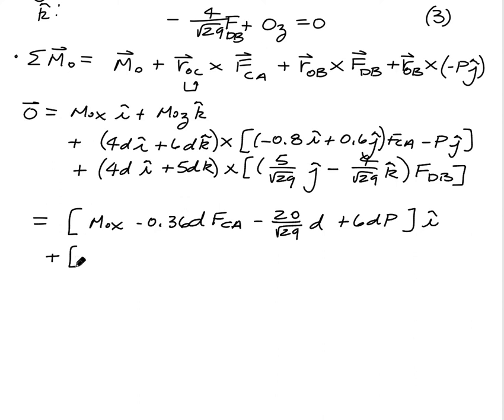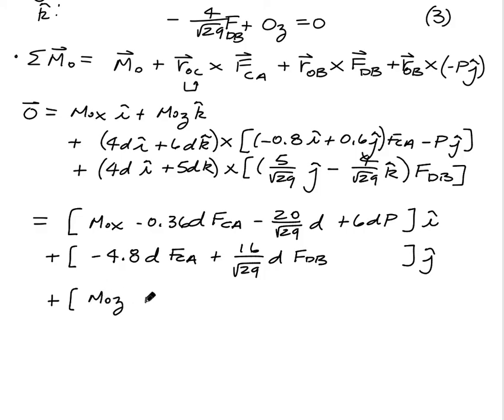The J components that I get are minus 4.8 D FCA plus 16 square root of 29 D FDB times J, and then I have MOZ plus 2.4 D FCA plus 20 over square root of 29 D FDB minus 4PD.